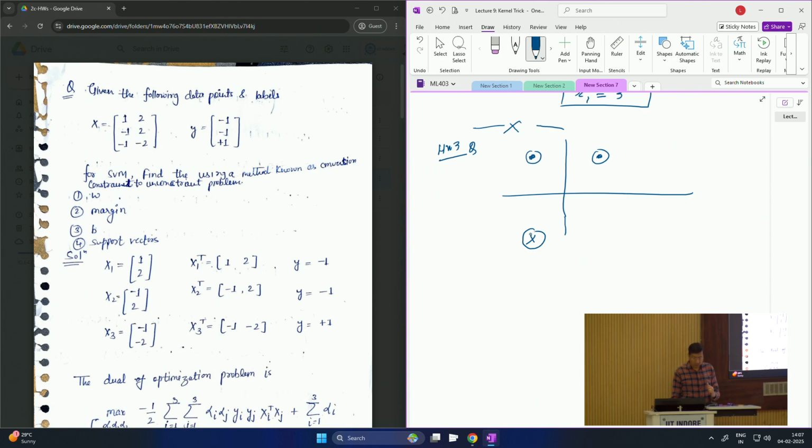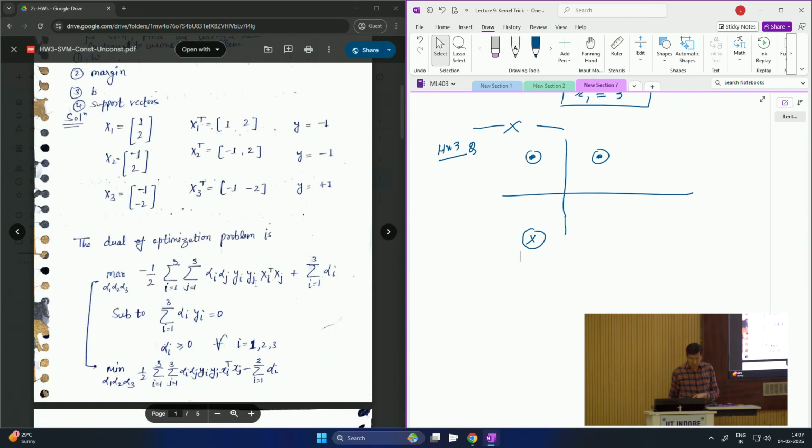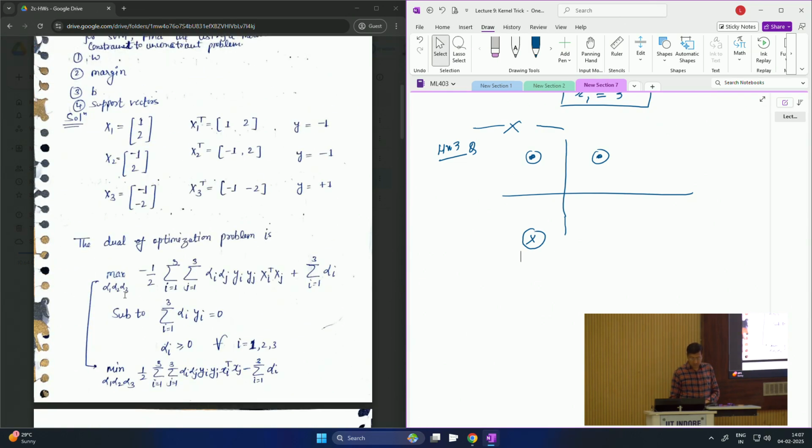What you have to do is first write the dual form. Do it without the soft margin. So we're doing this problem, plain vanilla dual problem. Let's first write it down. Everybody agrees this is the dual problem.